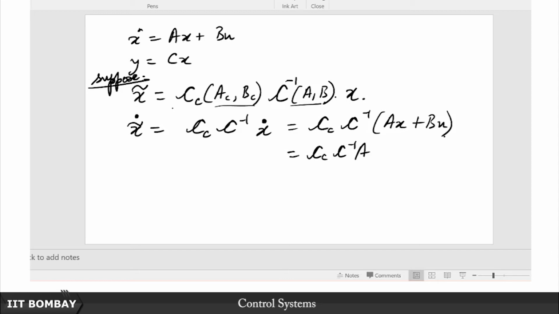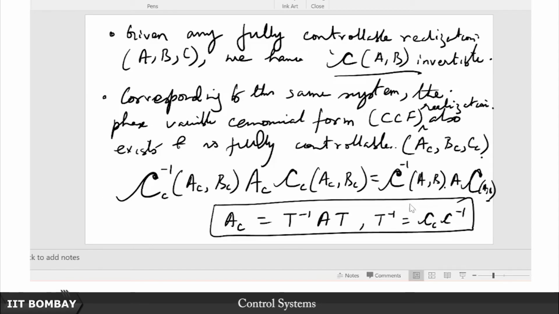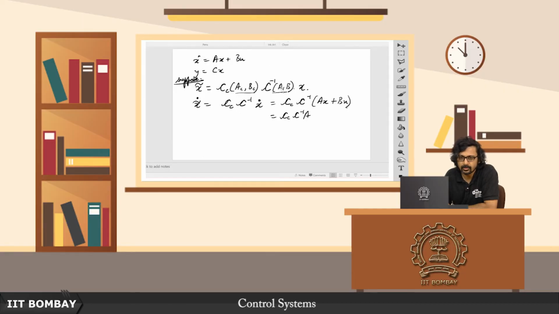I can just take the inverse of this. So what is T now? T is nothing but C times CC inverse. If this is going to be my T inverse, then T is going to be C and CC inverse. So x tilde is equal to T inverse x, therefore x is equal to T x tilde.